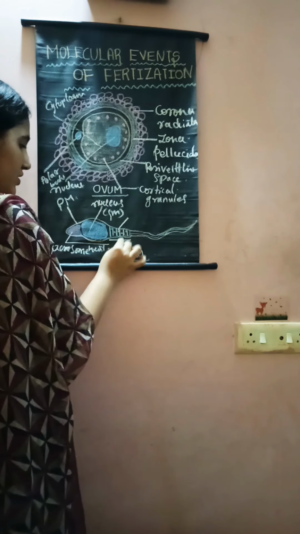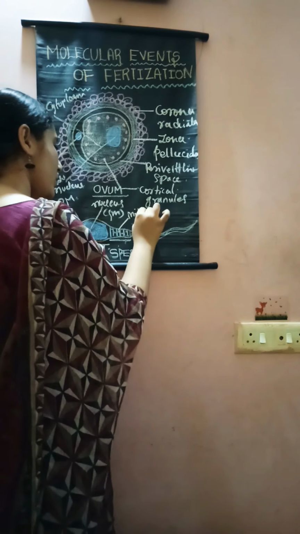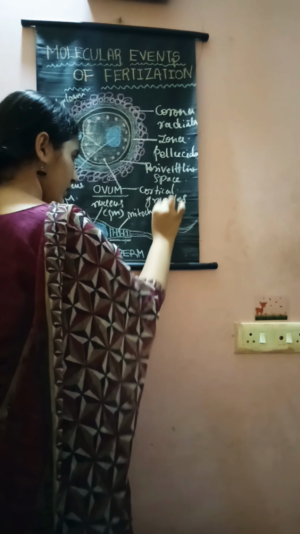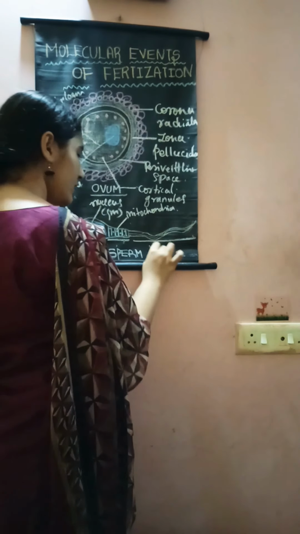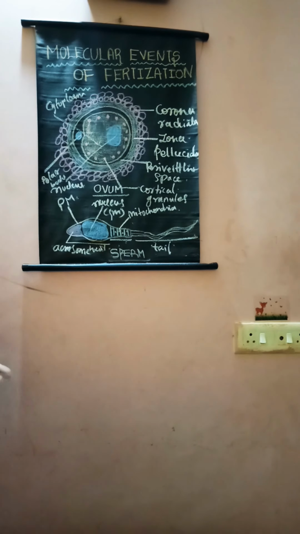Then the neck region, also called the middle piece, consists of mitochondria which provide energy for the motility of the sperm, followed by an elongated tail region. This is the structure of ovum and sperm.